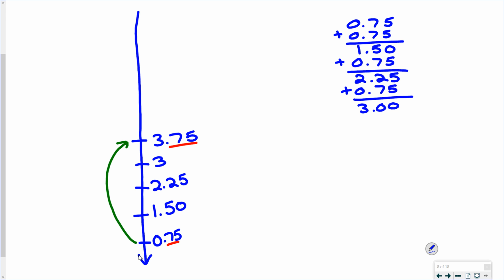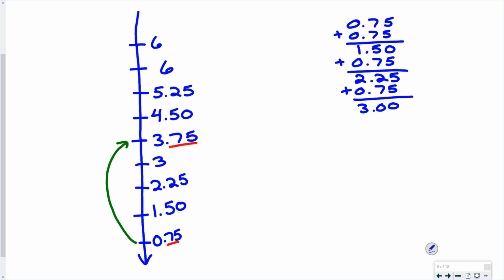So I'm going to add 3 to 1 and 50 hundredths, and that would give me 4 and 50 hundredths. Add 3 to 2 and 25 hundredths, and that would give you 5 and 25 hundredths. Add 3 to 3 to get 6, and then add 75 hundredths to 6, or you can add 3 to 3 and 75 hundredths.